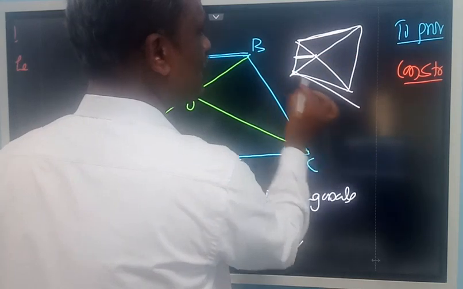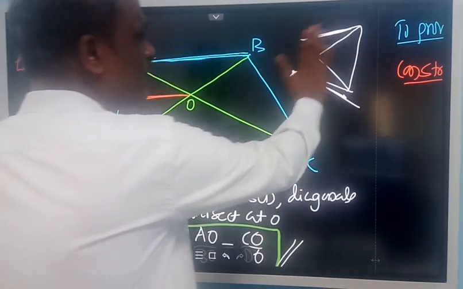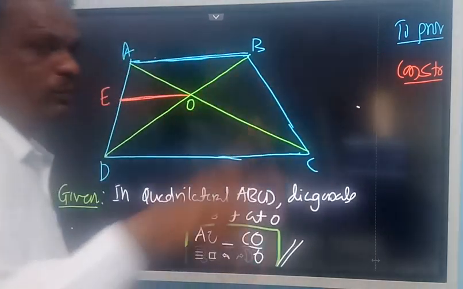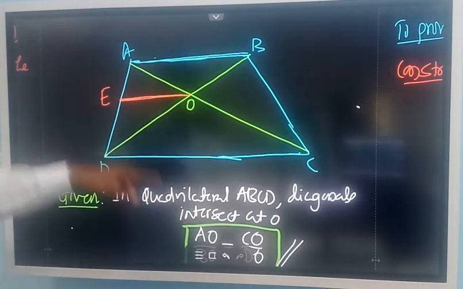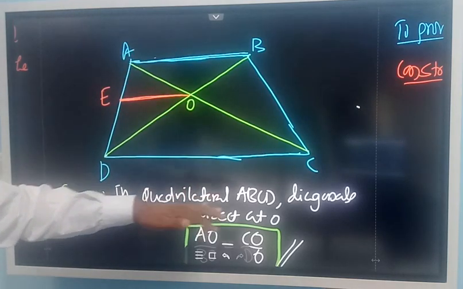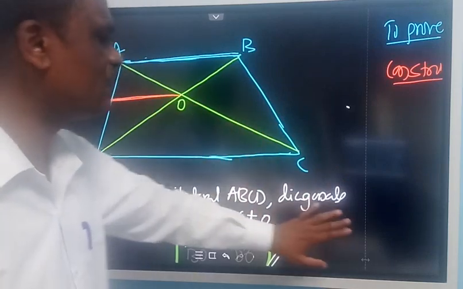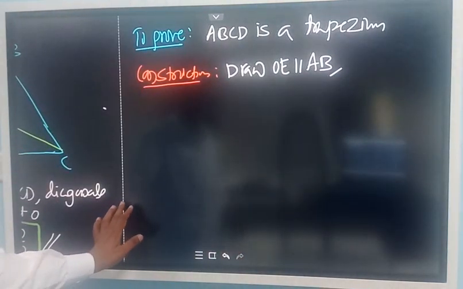If this is bending like this, I cannot draw to both the sides in a quadrilateral, isn't it? If it is a trapezium, then we can do that. Now, with this condition, I have to prove that this is a trapezium. So now let us think it is only a quadrilateral. Therefore, that's why I have written OE parallel to AB.